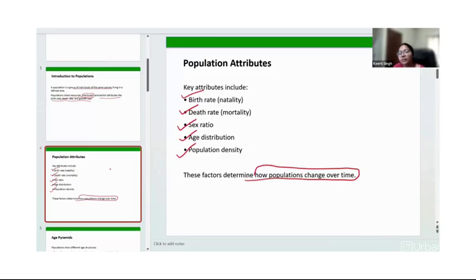See, when we are talking about an individual, we already know that somebody is born, somebody is dead. Okay, so when we are taking into account a single individual, we say whether that particular individual is dead or alive, right? We won't say what is the birth rate of that individual.